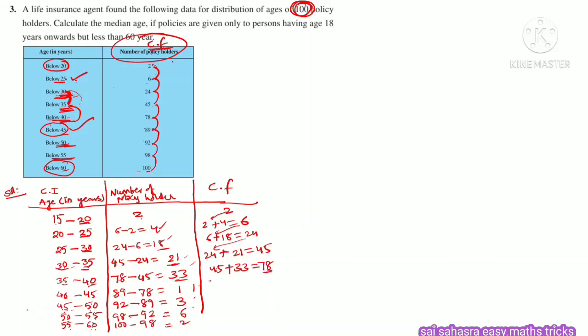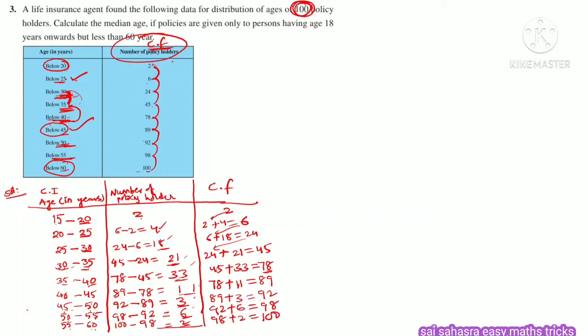Previous sum is 78 plus in this line frequency 11, that is 89. Previous sum is 89 plus this 3, that is 92. The previous sum is 92 plus in this line 6 is the frequency, that is 98. Previous sum is 98 plus this frequency 2, that is 100.